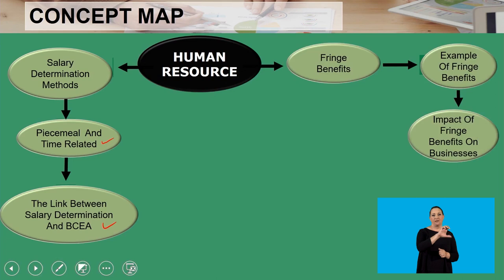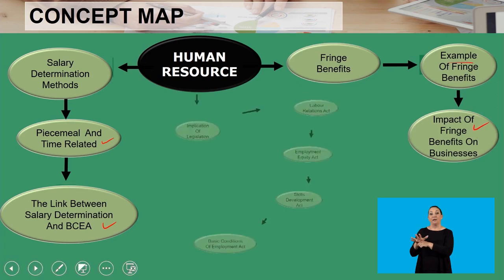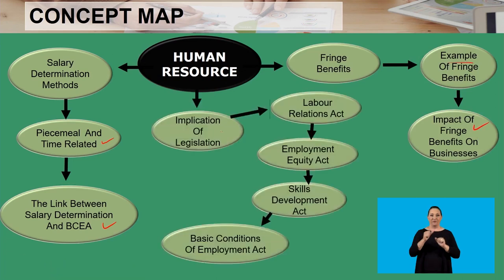We'll also look at fringe benefits, examples of fringe benefits, and the impact of fringe benefits on businesses. We'll also look at the implications of legislation, not all legislation, but specifically four: the Labour Relations Act, the Employment Equity Act, the Skills Development Act, and the Basic Conditions of Employment Act.